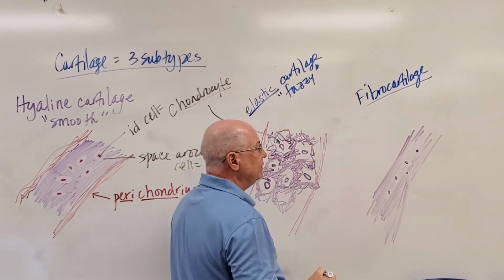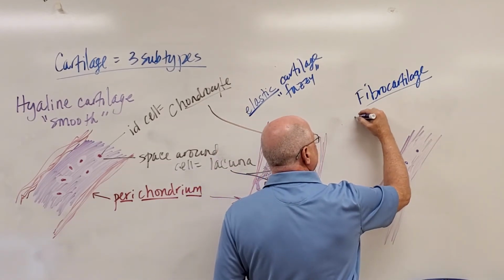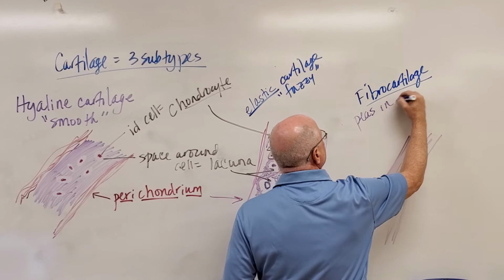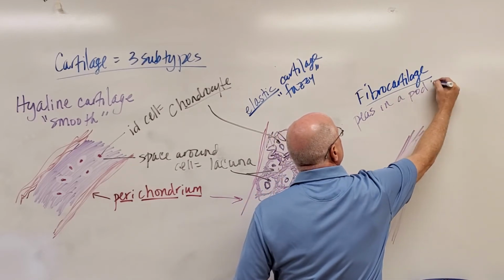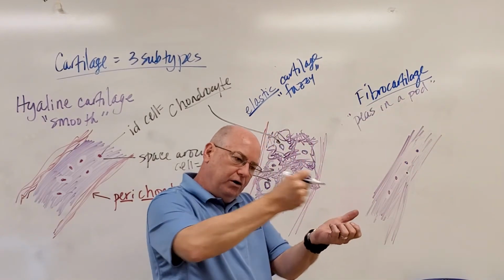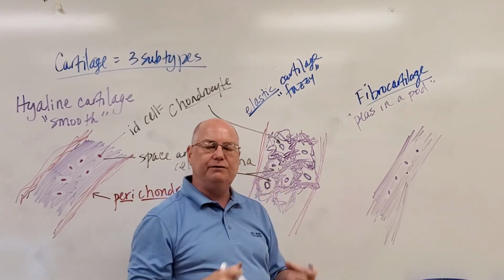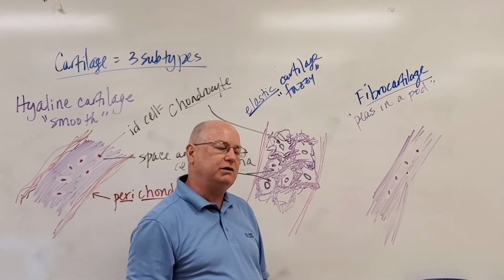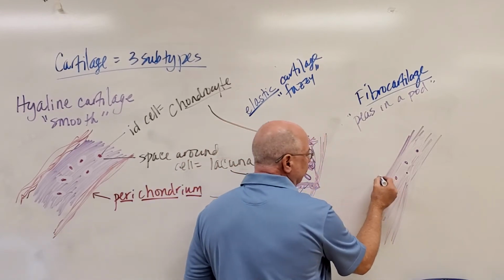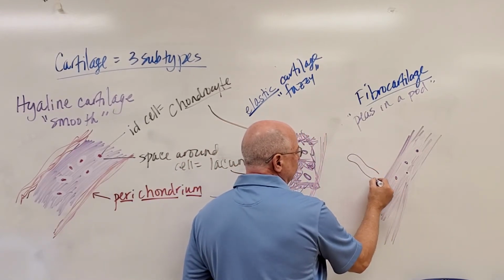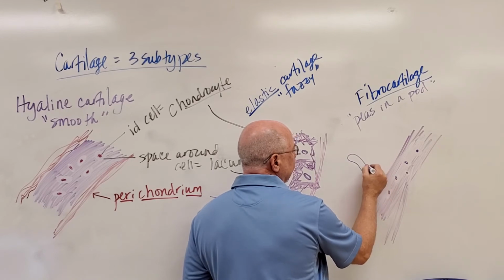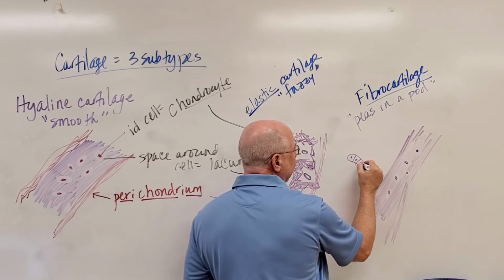But the trick to this is fibrocartilage is often described as peas in a pod, because when you open a long pea pod, every space has in it an individual pea. Or to me, they look like worms with a dot on them. What we will see off to the side are these little rows of cells growing in these empty chambers, almost in straight lines.